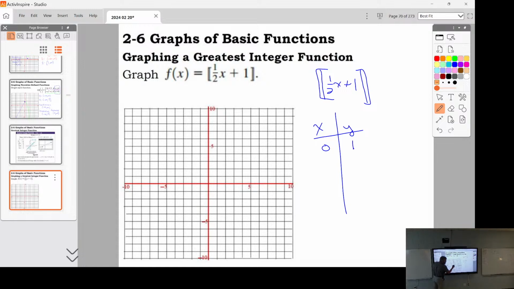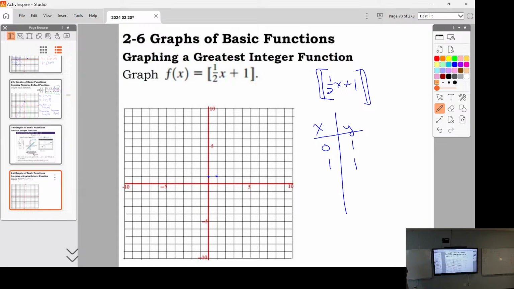So the point (0, 1) is on the graph. Plug a 1 in there. 1/2 of 1 is 1/2. 1/2 plus 1 is 1.5. And the greatest integer of 1.5 is 1. So at 1, we're also at 1.